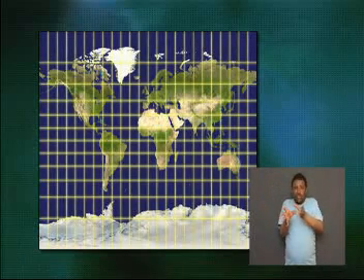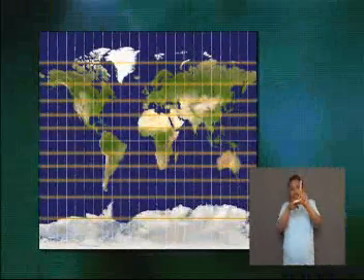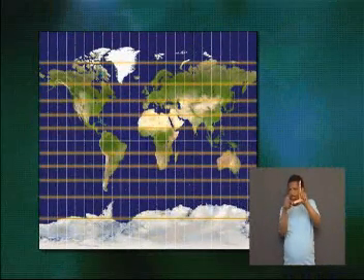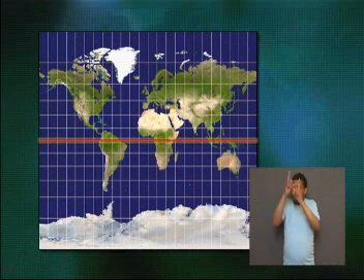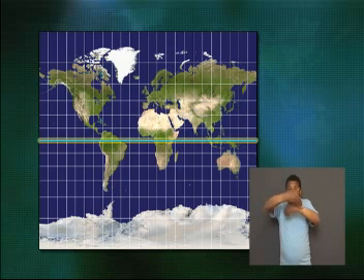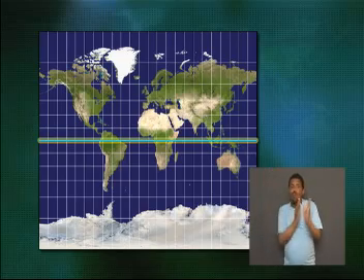Parallels and meridians in such a projection are straight lines that intersect at right angles. All of the parallel lines are equal in length to the equator, and as we discussed, the lines tangent to the developable surface are true to scale.